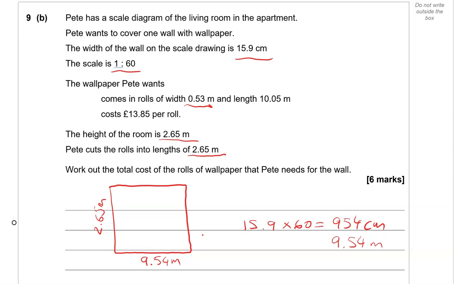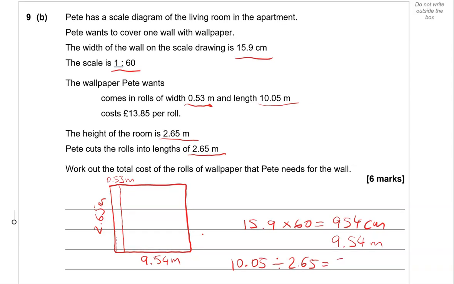So you can imagine them going like this with width 0.53 meters, and that would be the length for it. So since one roll is 10.05 meters long, if we divide it by 2.65, we can work out how many of these strips one roll will cover.